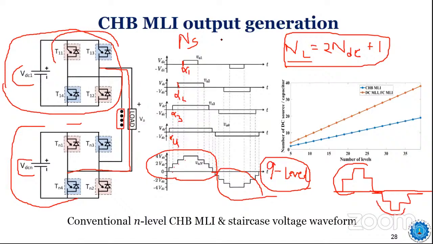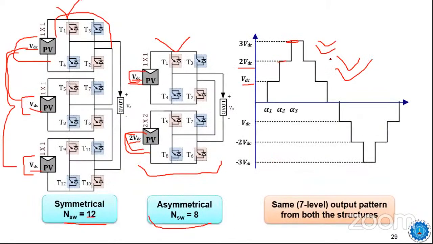How many switches are required for a 5 level type? 8 switches are required, right? Because one H-bridge needs 4 switches. If you integrate 2 H-bridges, that will produce a 5 level output and you need 8 switches. If you integrate 3 H-bridges like this, you need 12 switches, where you can get a 7 level output.